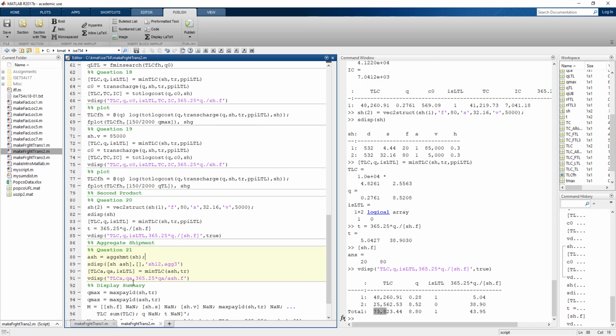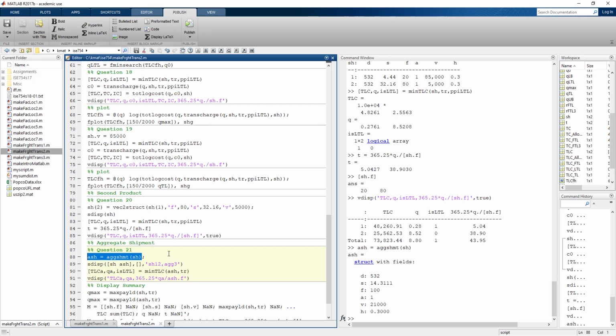So for this, all of these steps of doing the aggregate shipment are embedded inside of a function called AggShip. I can pass it a single argument, which is my 2-element shipment structure array. And what I get then is a single structure that has the elements of the corresponding aggregate.